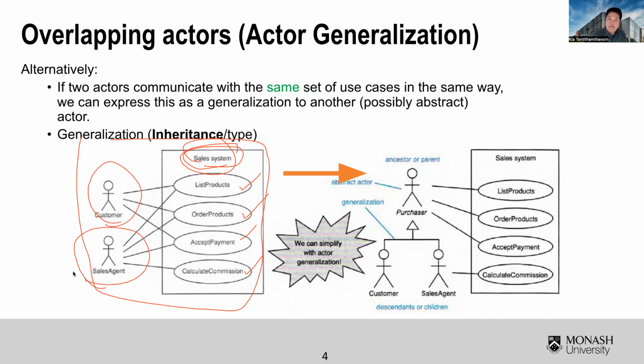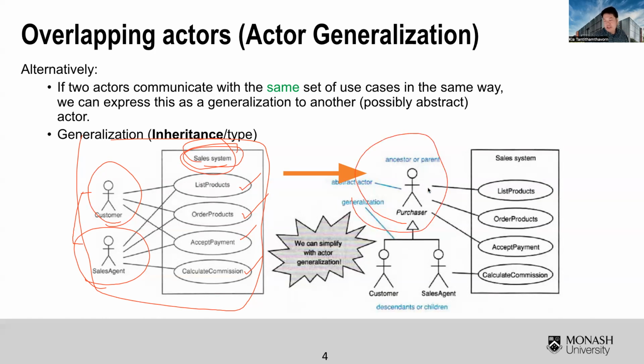But sometimes these are roles, and they can be overlapping as well. Because as a customer, they can list the product, order the products, accept the payment, they can do everything as well. That's why we can simplify the actor here as a purchaser.